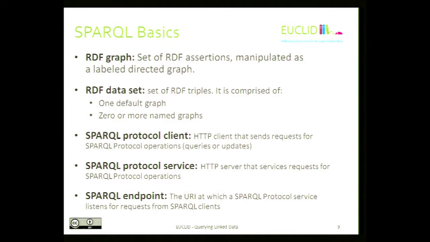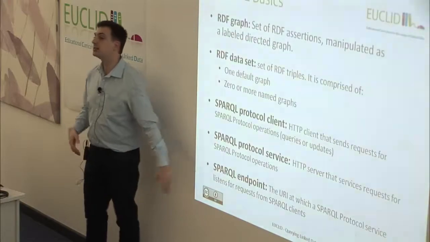Okay, now the other roles that we need to know about in querying are you have a client to the protocol, the person issuing a query, or later we'll see an update. You have the service that provides the endpoint where the client issues his query or his update, which is provided by the store normally. And, as I said, that service is providing at least two endpoints, a query endpoint and an update endpoint.